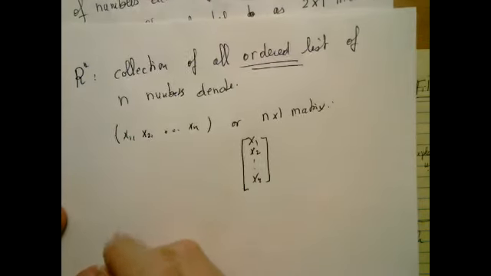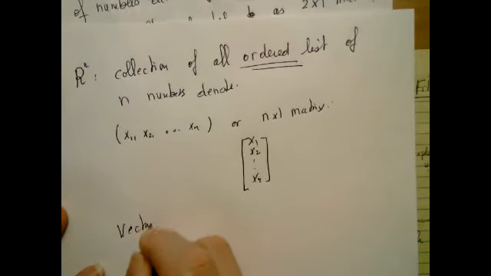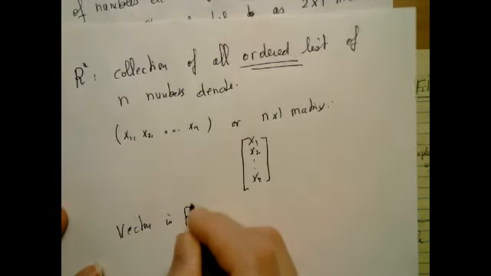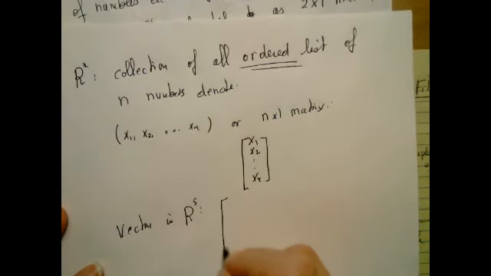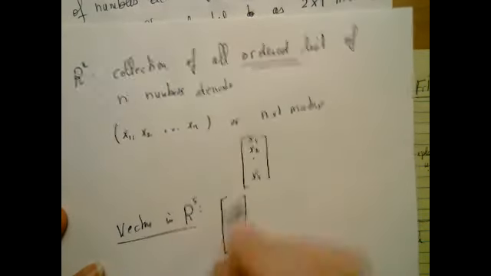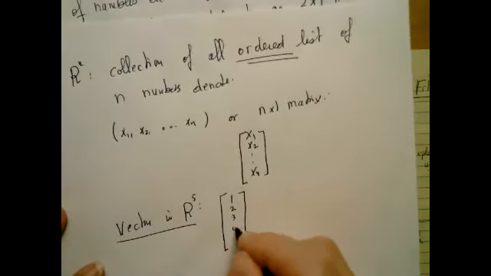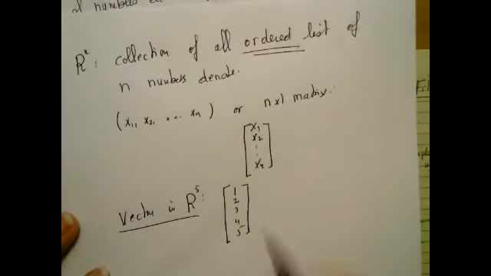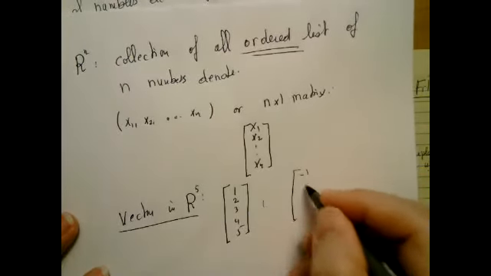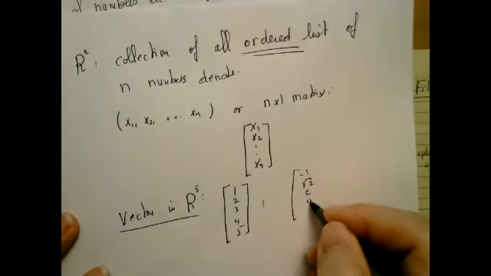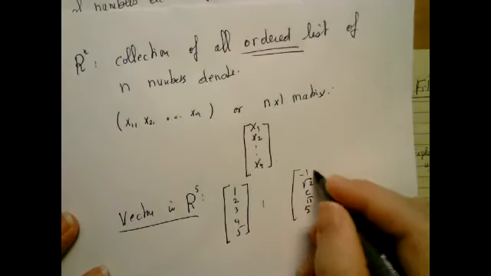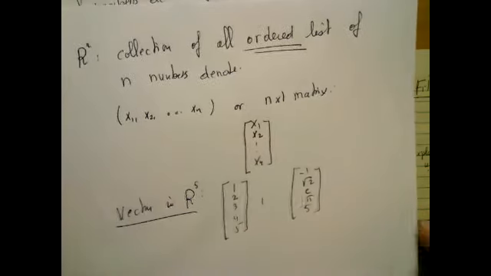So if I tell you, give me a vector in R5, it is nothing more than a 5 by 1 matrix. That's really what I mean. 1, 2, 3, 4, 5. That's a vector in R5. Or you can put anything, square root of 2, e, pi, 5. So just a collection of 5 numbers.